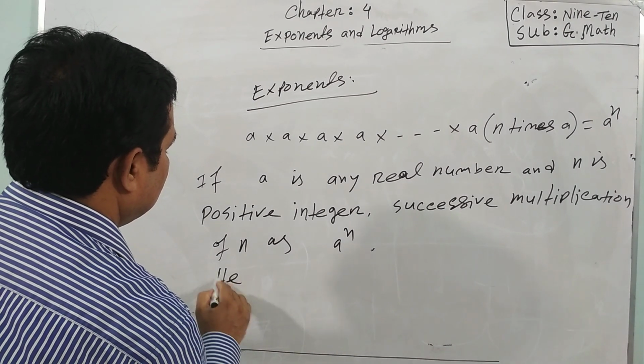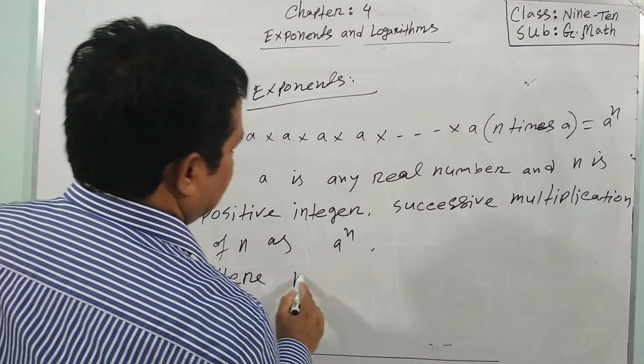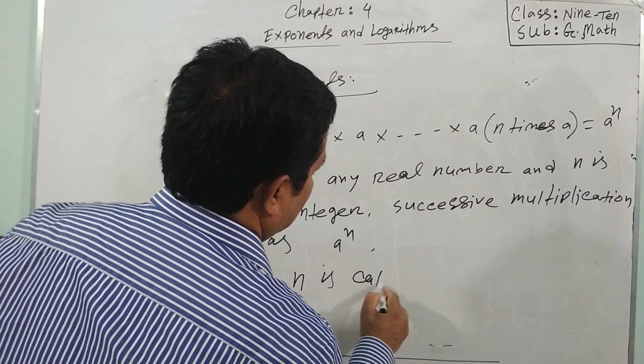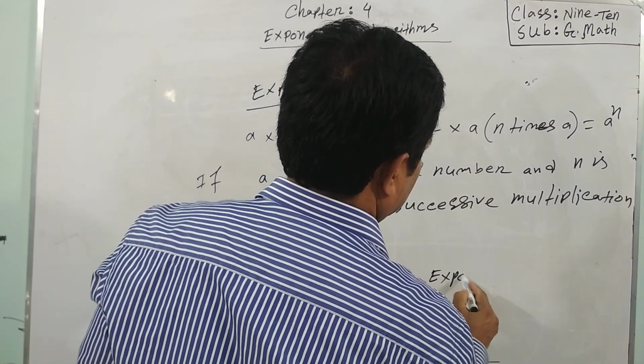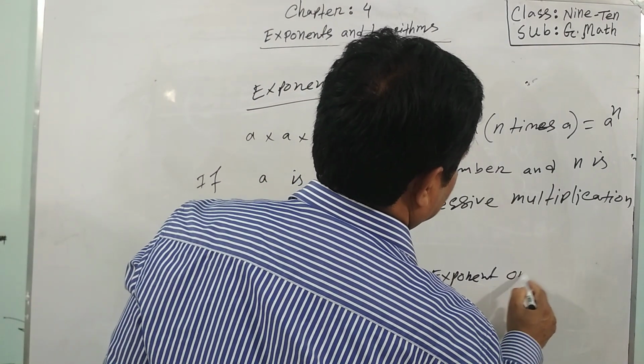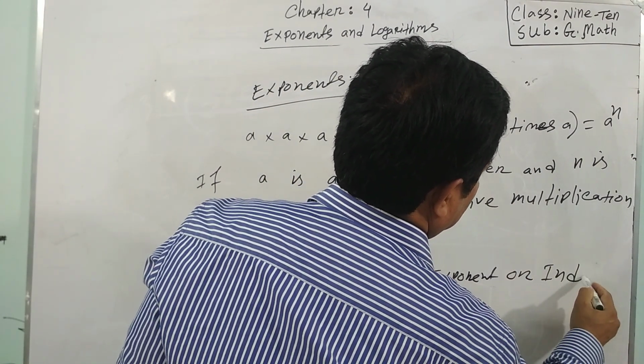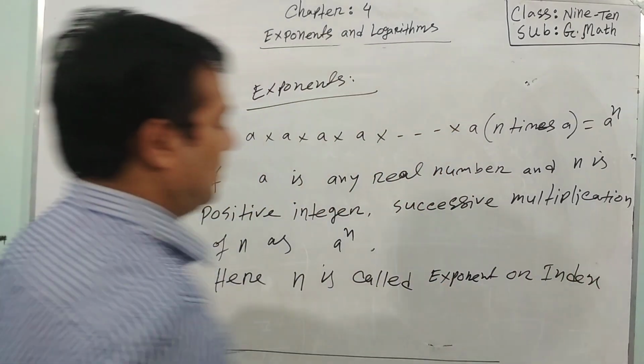Here n is called the exponent or index or power.